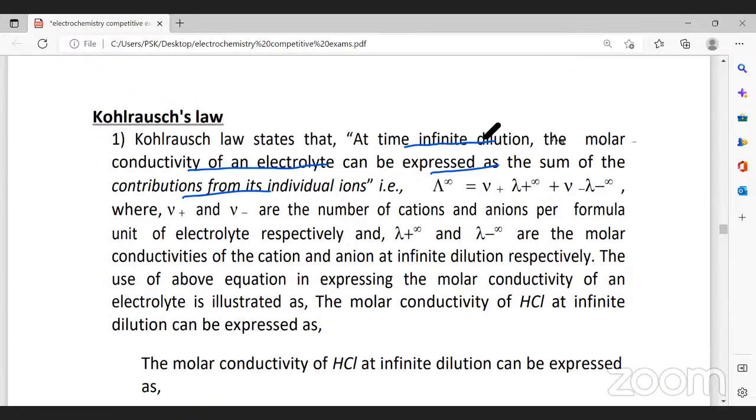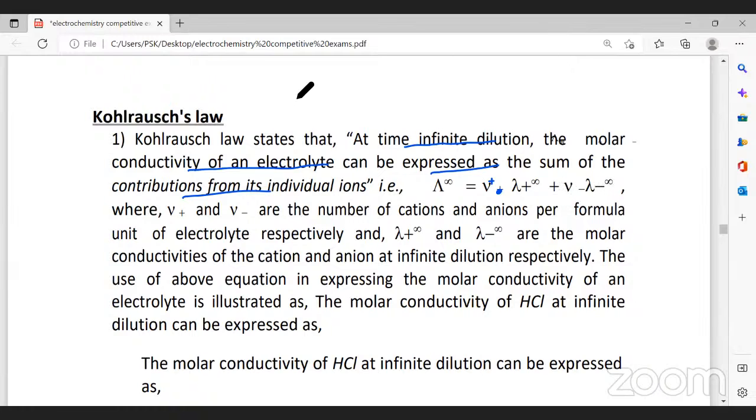So I just told you Kohlrausch's law is applicable for weak electrolytes. What it says is, at infinite dilution, the molar conductivity of an electrolyte can be expressed as the sum of the contributions from its individual ions. So lambda infinity, the molar conductivity at infinite dilution, is equal to nu plus lambda plus infinity plus nu minus lambda minus infinity.